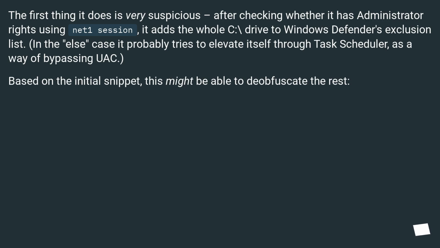After checking whether it has administrator rights using net1 session, it adds the whole C:\ drive to Windows Defender's exclusion list. In the else case, it probably tries to elevate itself through Task Scheduler, as a way of bypassing UAC. Based on the initial snippet, this might be able to deobfuscate the rest.